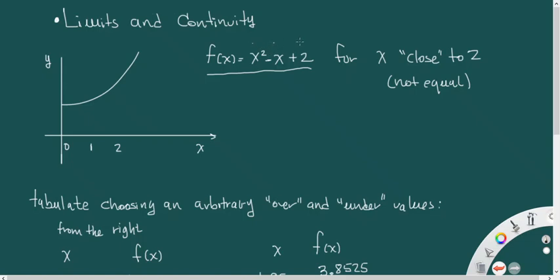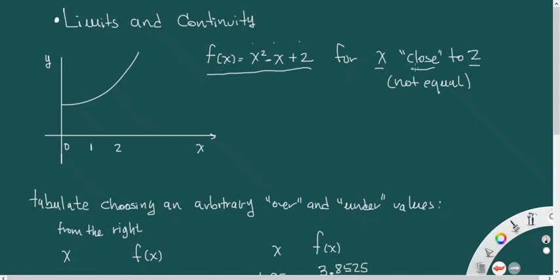x plus 2. Okay, and I'm plotting this function here. This is an approximation of the plot for this function. And as a first step, let's calculate the value of the function for x close to the number 2.